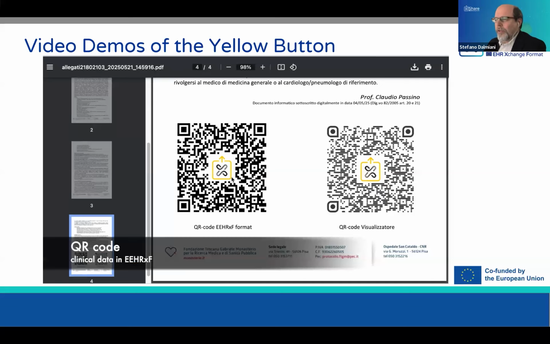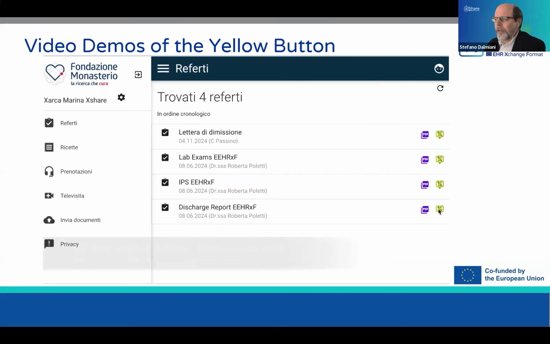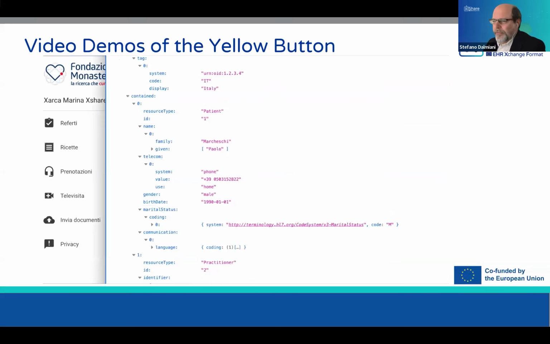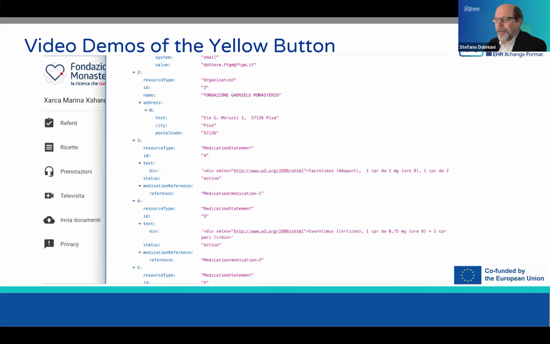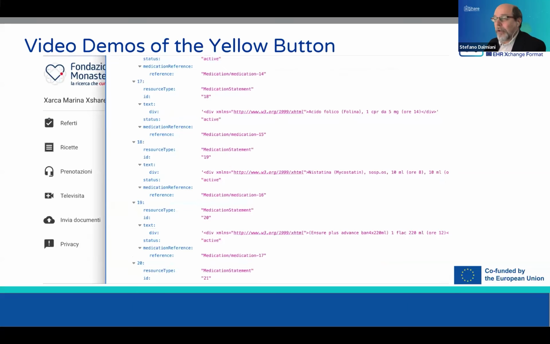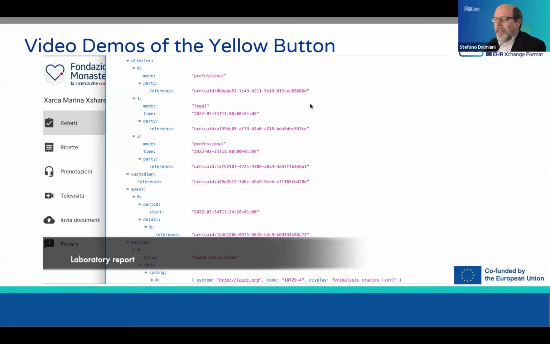Here you have the two QR codes that you can use to send to somebody in front of you also the structured data to be imported in another system. But you can download, only if you want, the discharge report in a structured format. This is, of course, not for the patient, but just to exchange information between computers, and you can have this file locally on your PC or on your smartphone.